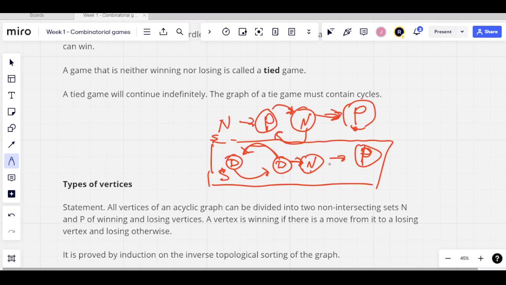We don't have any vertices marked P, but we have some vertex marked as tie. That means we mark this vertex as tie, and that's it.